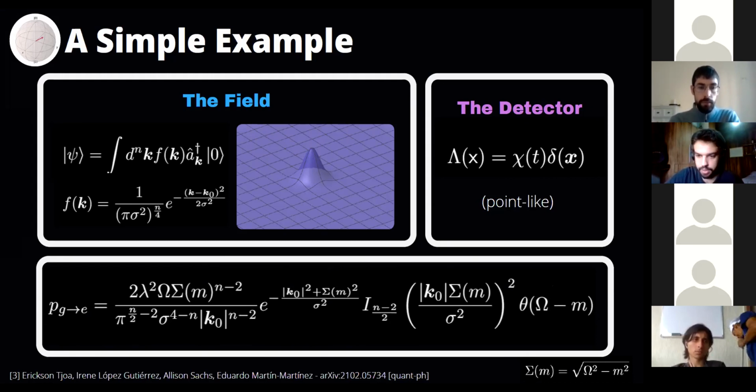This means that in the long time limit, if your detector's gap is less than the mass of the field, your detector will be blind to the particle state. So the gap of your detector has to be large enough so that it can accommodate a full particle of your field. Of course, this was not present in their result because in their case, mass was just 0, so this was not an issue, right?